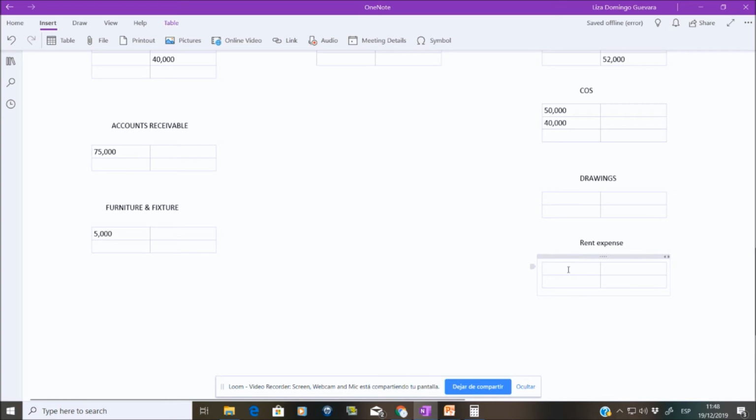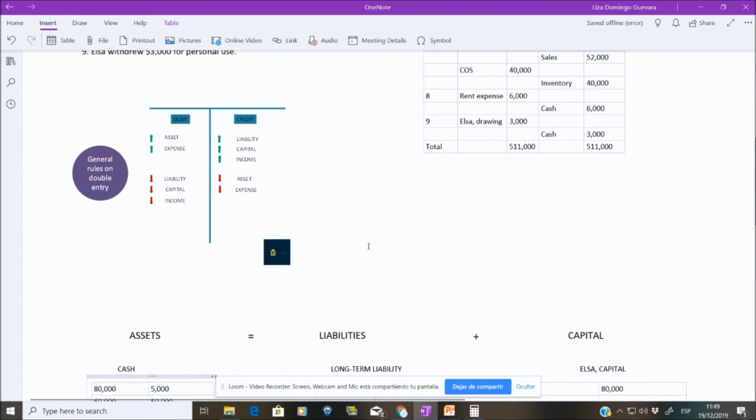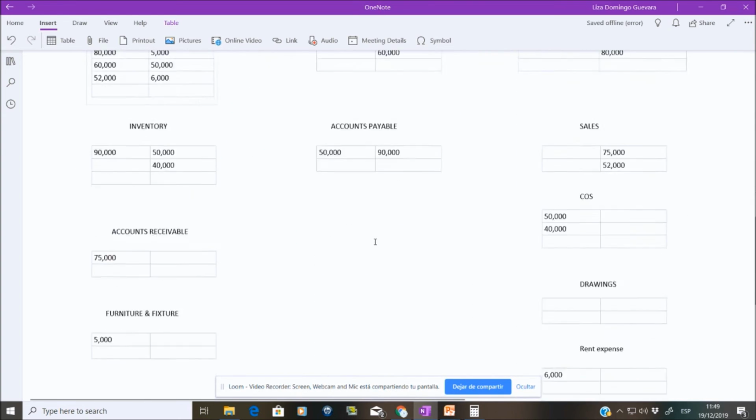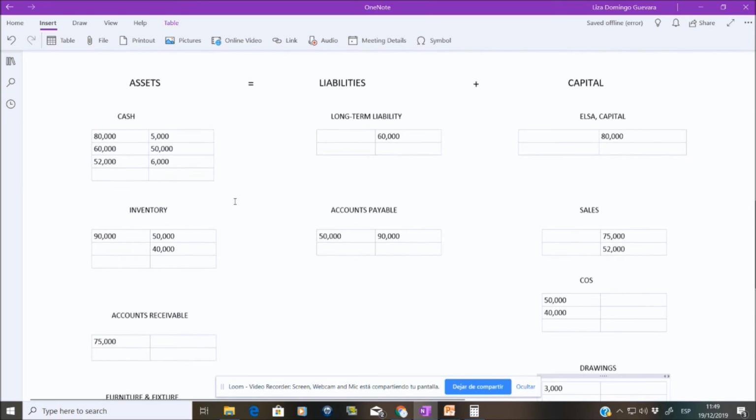Rent expense of 6,000 and credit cash of 6,000. And last, Elsa withdrew 3,000. So we'll debit Elsa drawing of 3,000 and credit cash 3,000.